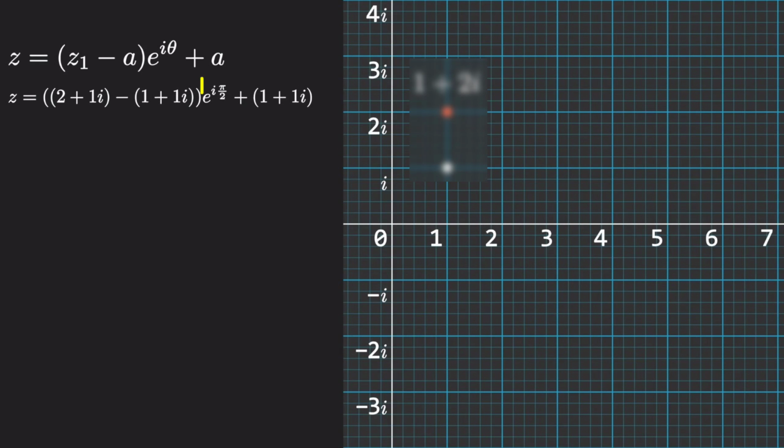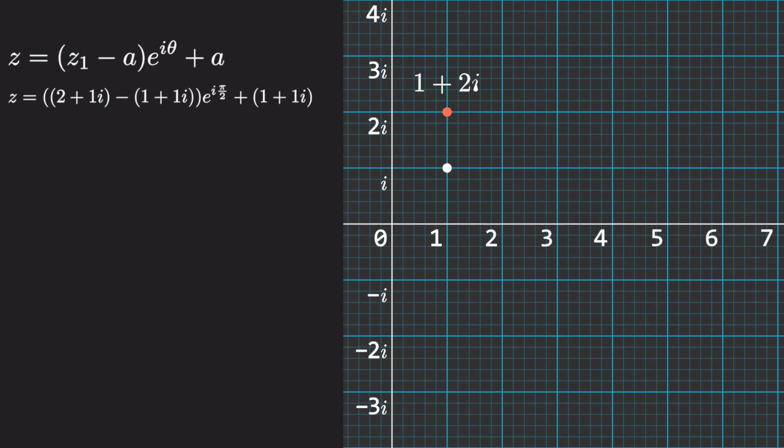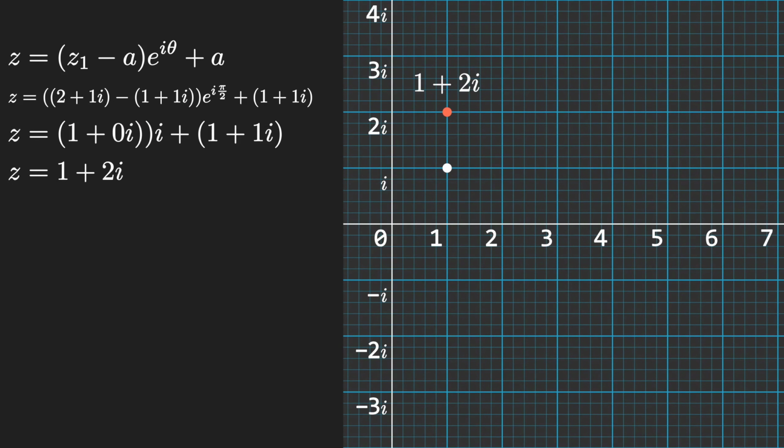Multiplying by i means rotating the point 90 degrees. Adding 1 plus i means we are shifting the origin back to its original position. Now after calculation we get the answer. This application is interesting because we follow the same procedure in computer graphics to rotate an object about a point.